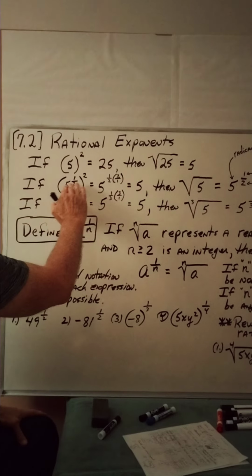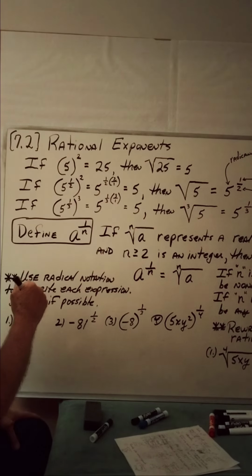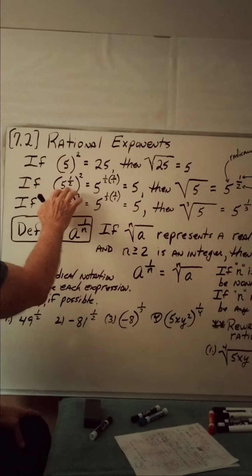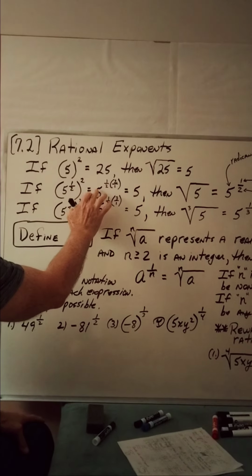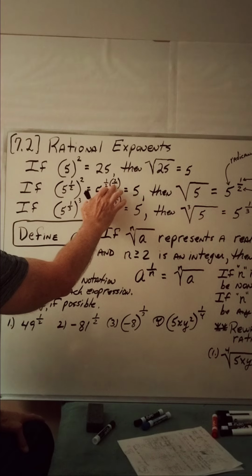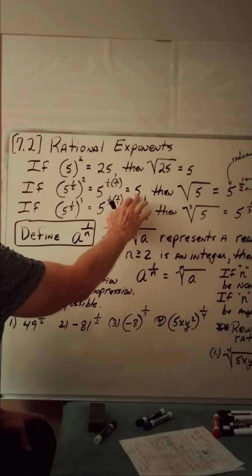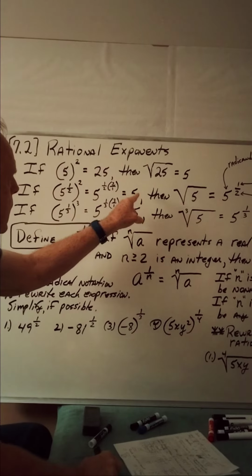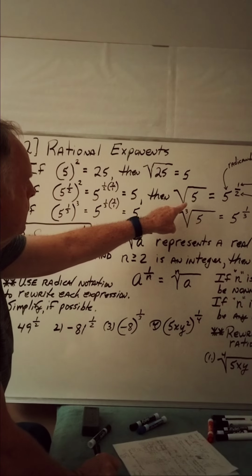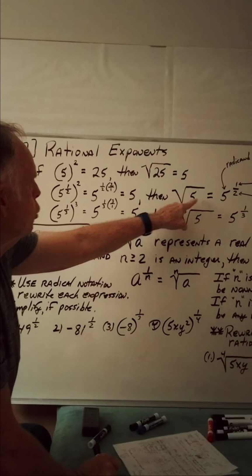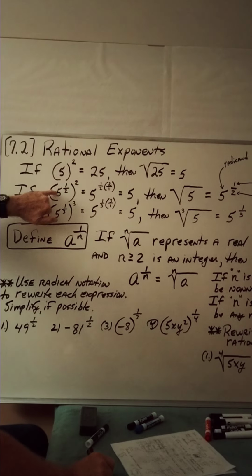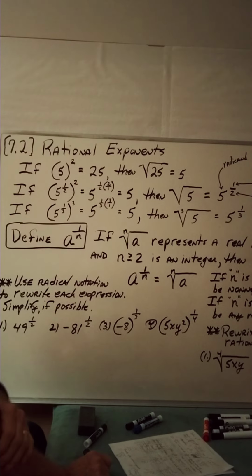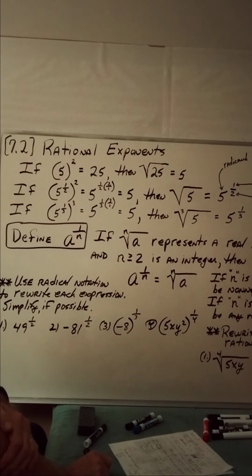Well, it's the same thing on this second example. If 5 to the 1/2 squared gives us 5 to the 1/2 times 2 over 1, which is equal to 5, then the inverse statement would say the radical of 5 should be equal to 5 to the 1/2. And it is.